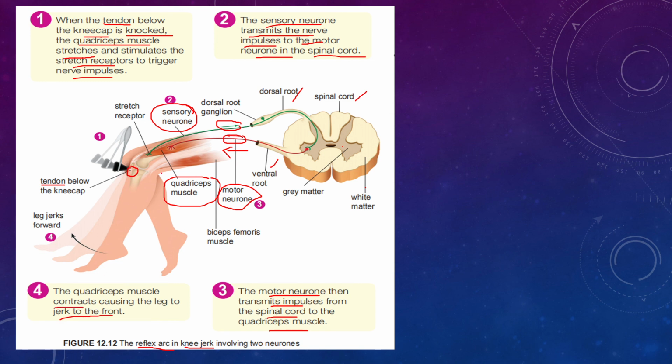When the quadriceps contract, that means they shorten, and therefore it's like a kicking forward. So that's how, by tapping the tendon, we can see the jerking of the leg forward.